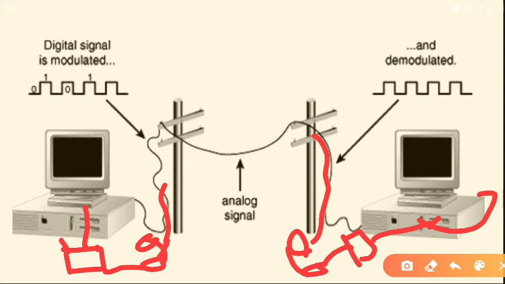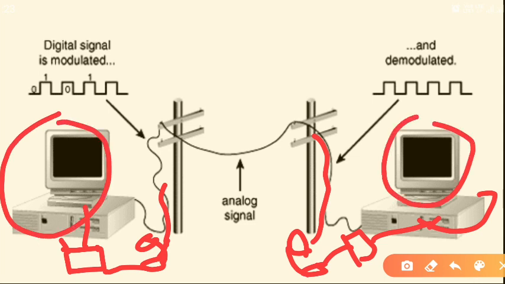Now see students, suppose this is your computer and this is your friend's computer, and you send a message. You have studied in the previous class that the computer only understands digital or binary language, zeros and ones.